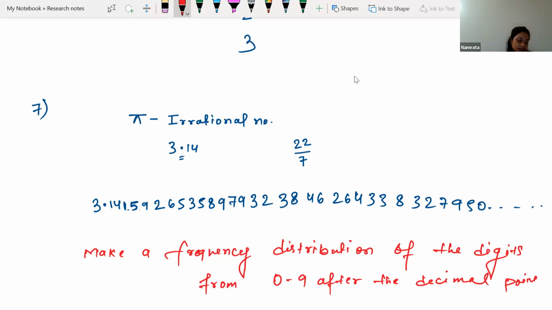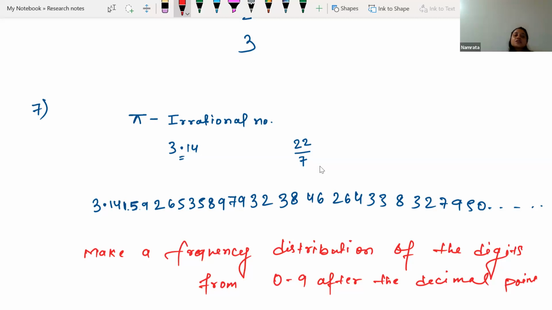So exactly, and the next one also, there is one more part which says which one is the most and which one is the least occurring data. Like which one is having the maximum frequency, which one is having the least frequency, that we will be able to take out once we make the frequency distribution table.